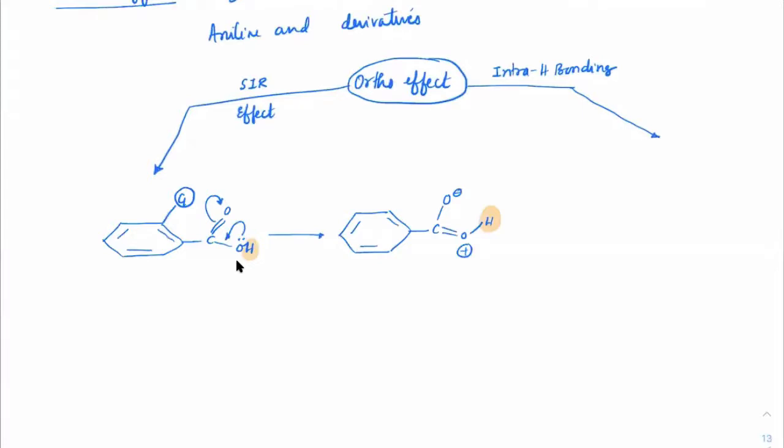Now, as it gives away H plus, what is the conjugate base we will have? We will have this as O minus and C double bond O. This is what we have after releasing the proton. This group G is present on ortho position only, like this.